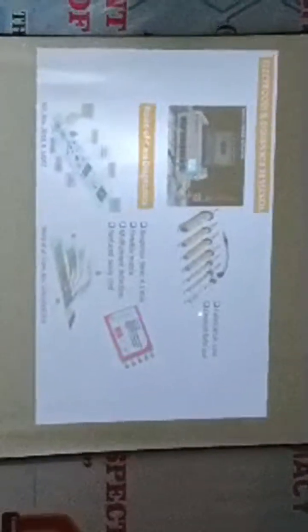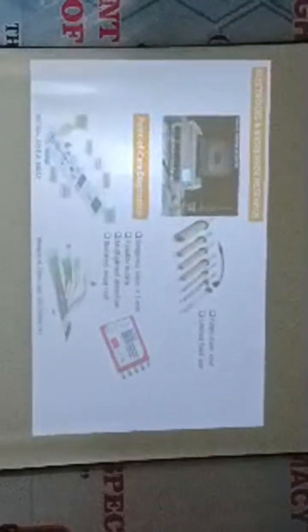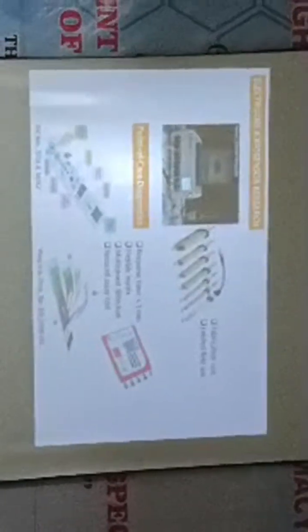Next one. So this is the basic potentiostat or electrochemical system where various conventional electrochemical characterizations can be done. So this is the glassy carbon electrode.